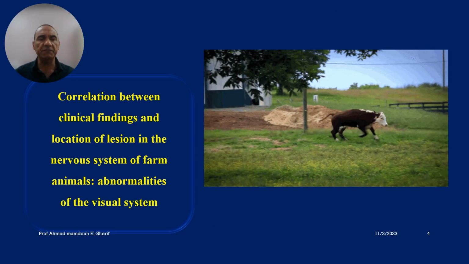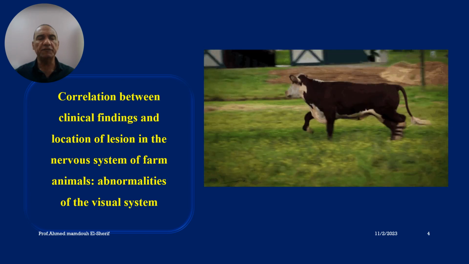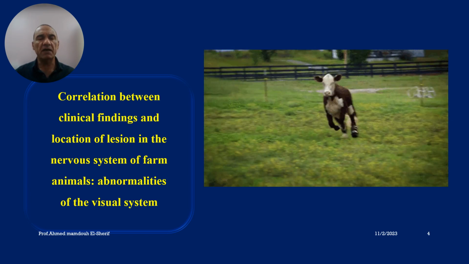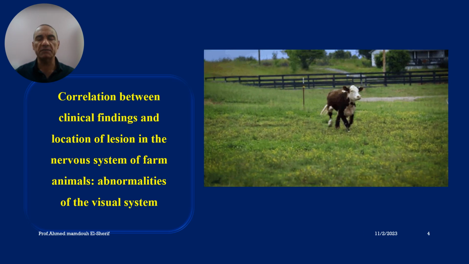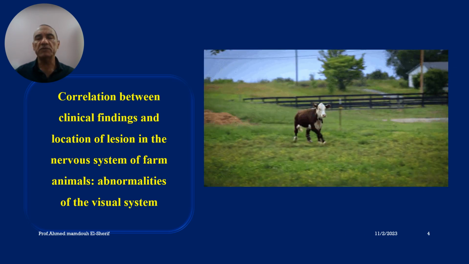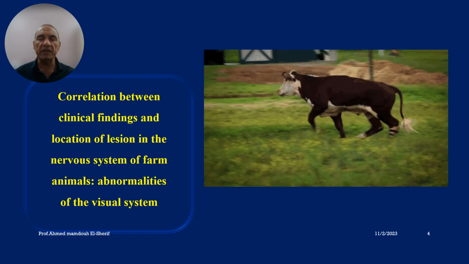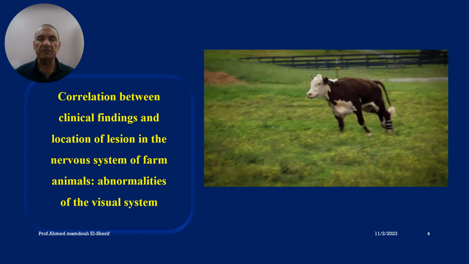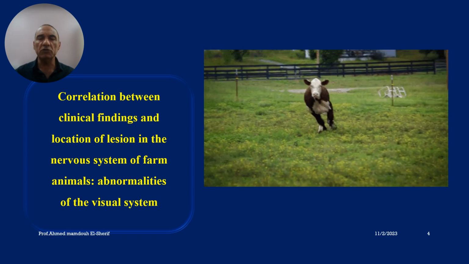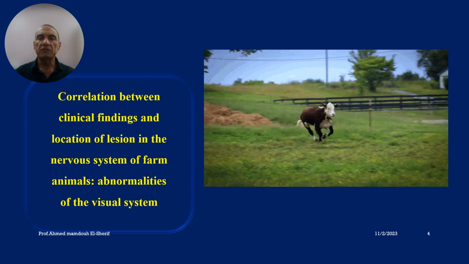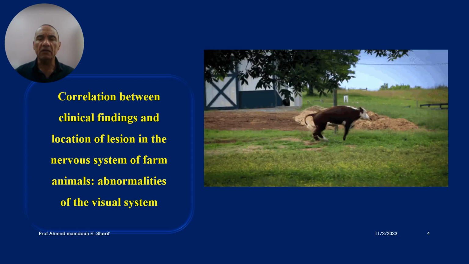Correlation between clinical findings and the location of the lesion in the nervous system of farm animals, by means of abnormalities of the visual system. As we see in this short video, this calf is walking blind in different manners and cannot see anything in front of him, so he is going round and round.